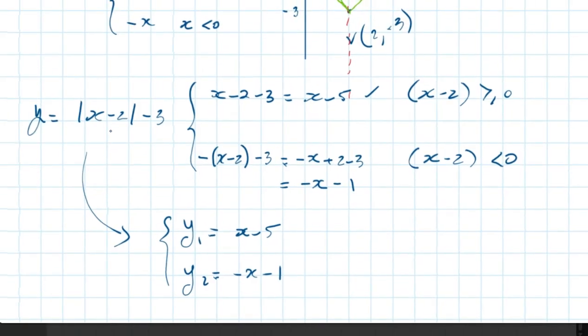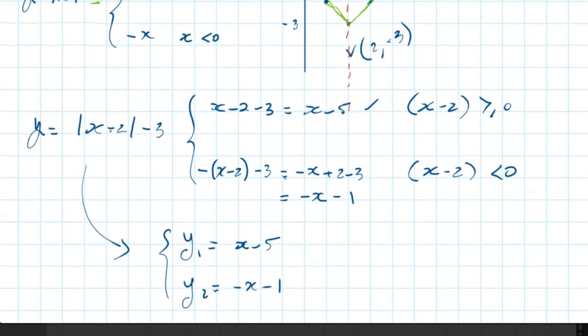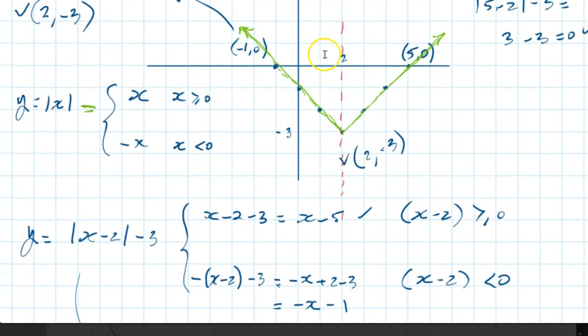And when you look at the graph, the right part of this graph represents the top part right there, and then the left-hand side represents the other side.